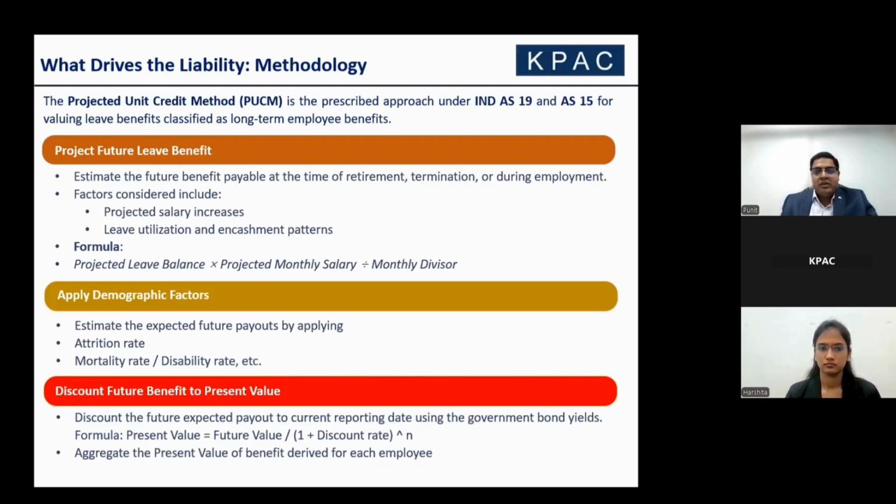We discount the future expected payouts back to the current reporting date using the government bond yields. This gives us the present value of obligation. Finally, we aggregate these present values derived for each employee to arrive at the total actuarial liability. Now, this method systematically builds up the liability by considering the future events and then bringing them back to today's value.